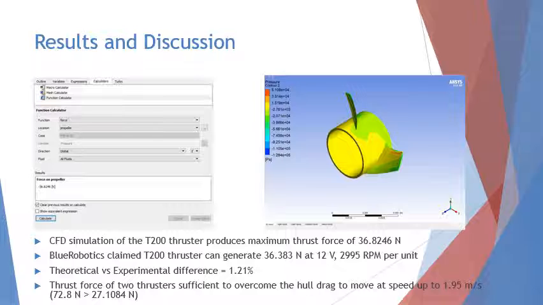As for the CFD simulation for the thruster, it can produce a maximum thrust force of 36.8246 Newton. The theoretical and experimental difference is 1.21%, and also the thrust force of two thrusters is sufficient to overcome the hull drag to move at speed of 1.95 meter per second.